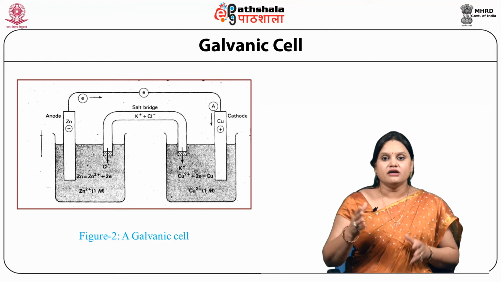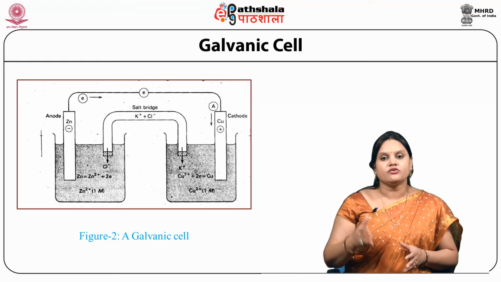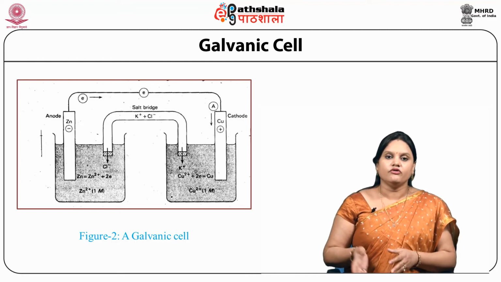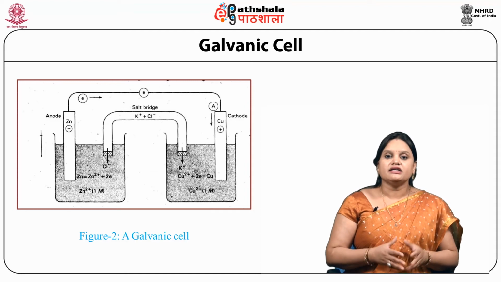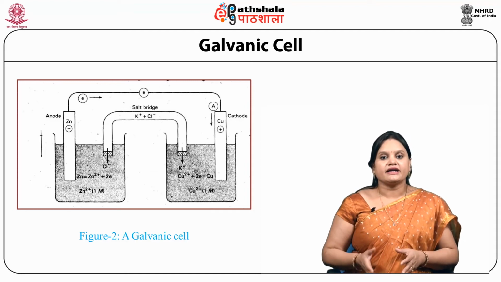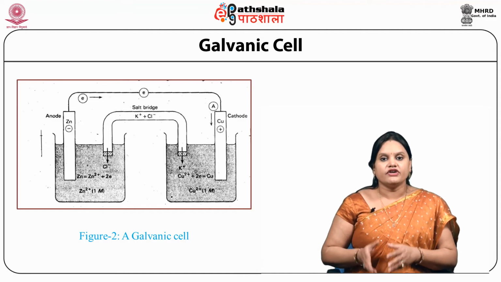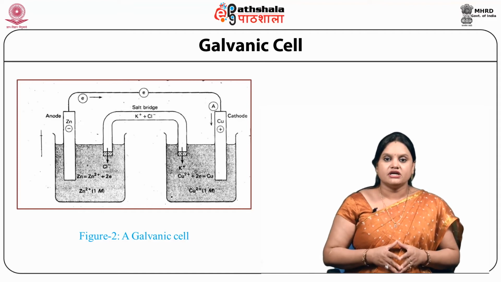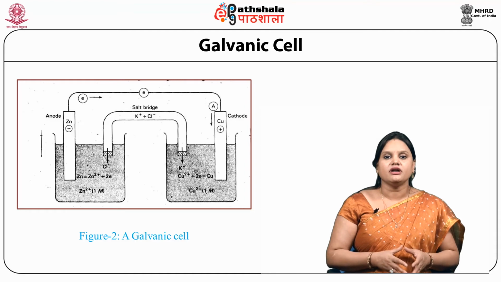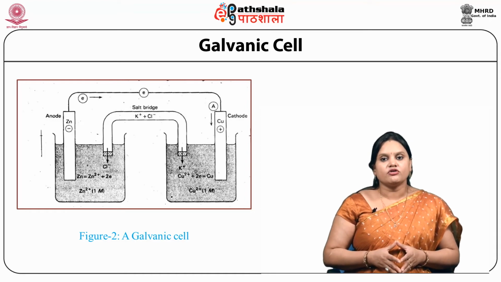Wires from the metal strips lead to an ammeter or voltmeter. The circuit is completed by connecting the two solutions with a so-called salt bridge. This may be an inverted U-tube containing a solution of a salt such as potassium chloride with an agar plug at each end.